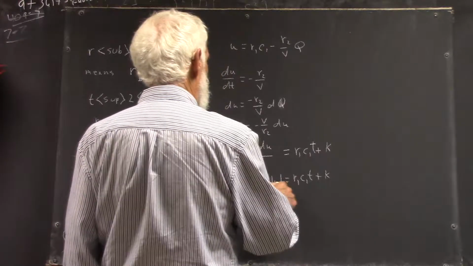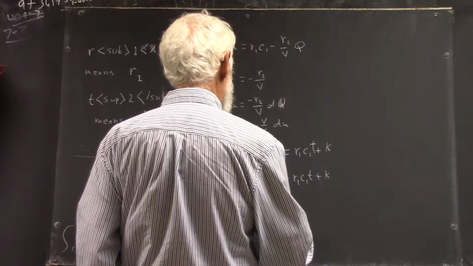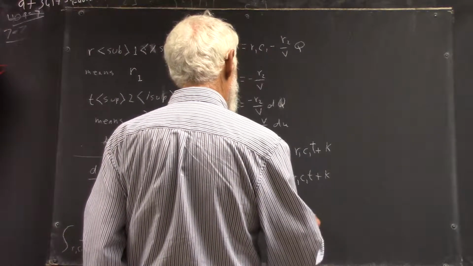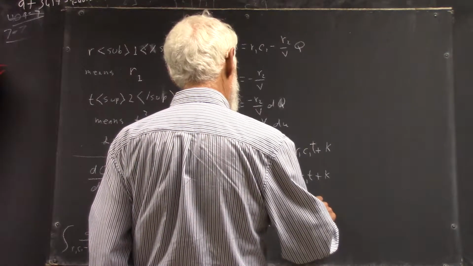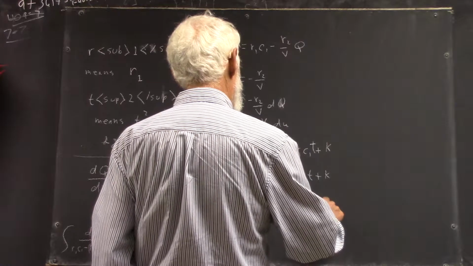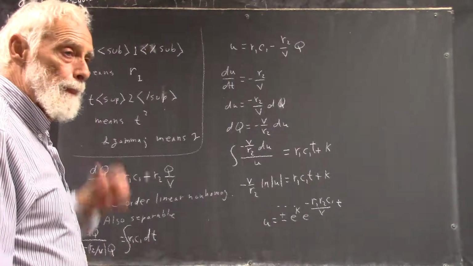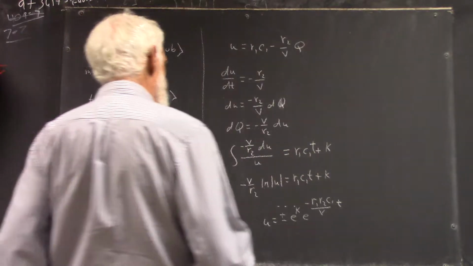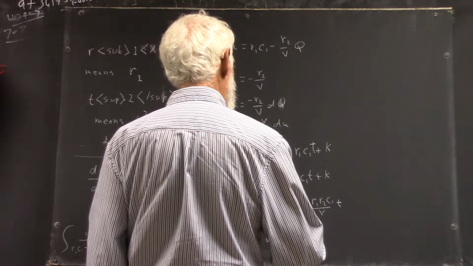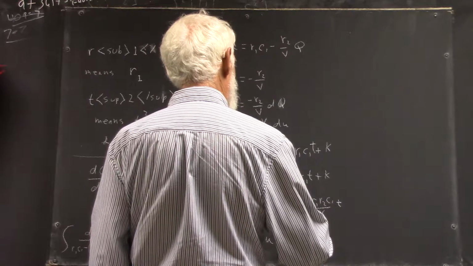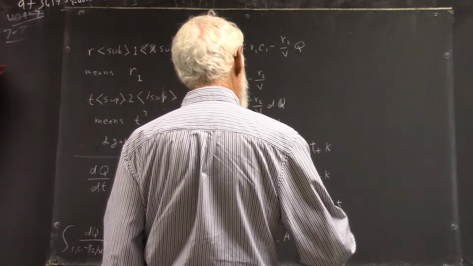But of course, the natural log of the absolute value of U would be equal to that, so that U equals plus or minus e to the k, e to the negative R1 R2 C1 over V times t. So that U equals A e to the negative R1 R2 C1 over V t.